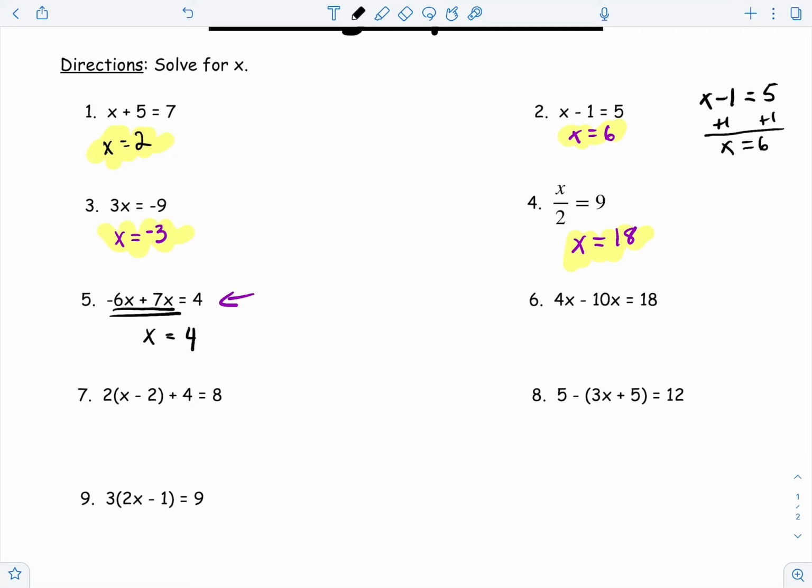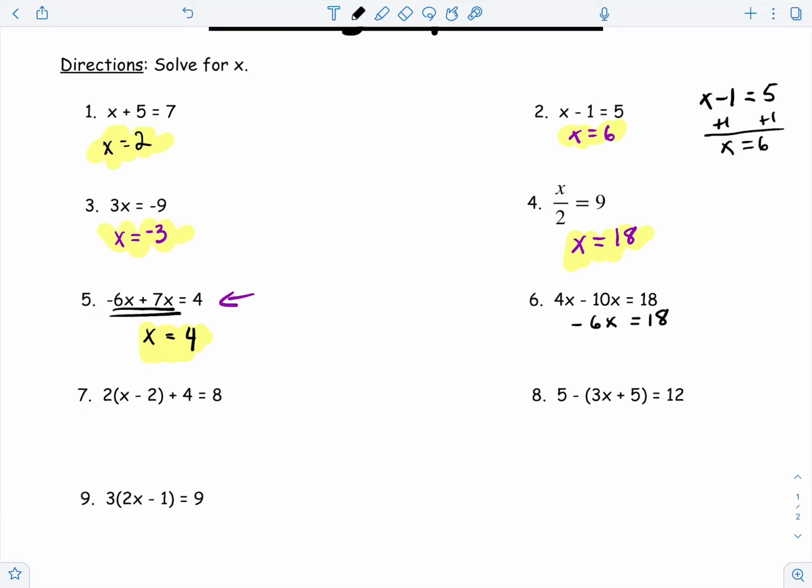What about with number 6? We have 4x minus 10x equals 18. So with this, we need to take the 4x minus 10x. That gives us negative 6x equals 18.